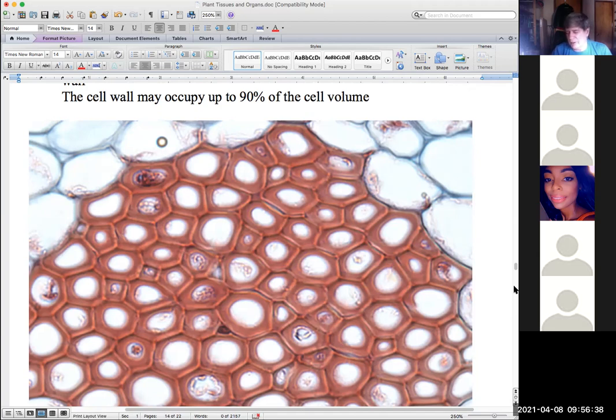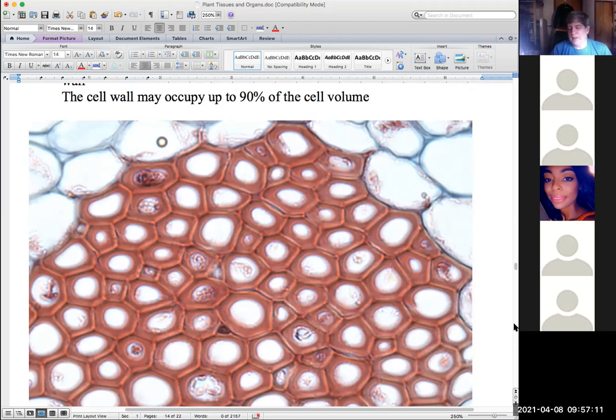Usually doesn't have much collenchyma, but if you're looking this up online to get more information, you might see that parenchyma called vascular parenchyma or vascular sclerenchyma, or it might just say parenchyma, because some people classify it as part of vascular tissue. Some people say, nope, it's just parenchyma cells in a different location. So we aren't going to worry about that. We'll let the botanists argue about that.